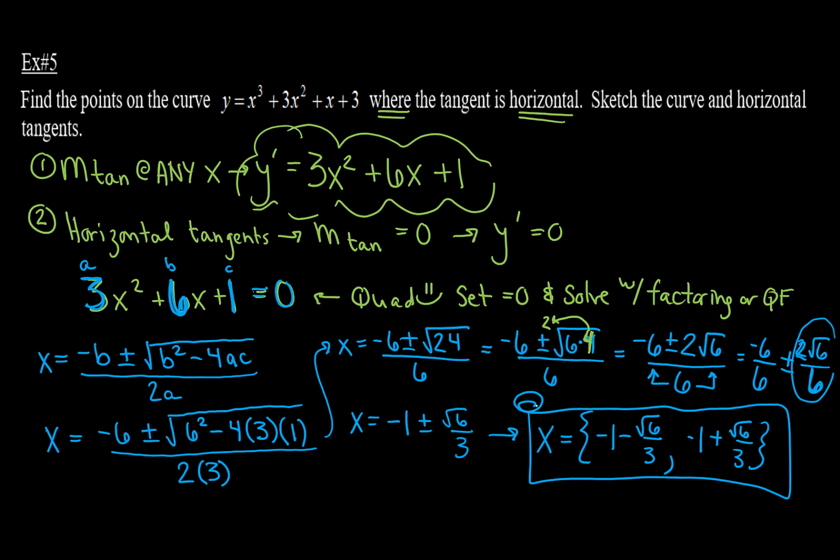Now, in this case, I actually just want you to find the x coordinates. If you needed to find the y coordinates as well, you'd have to take those x values that we just found and plug them back into the original function y. So just keep that in mind.